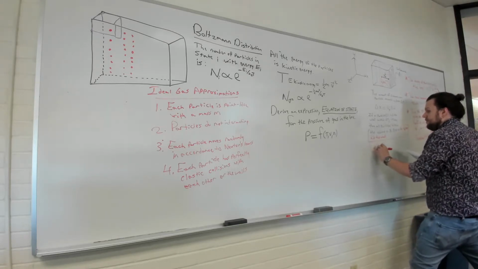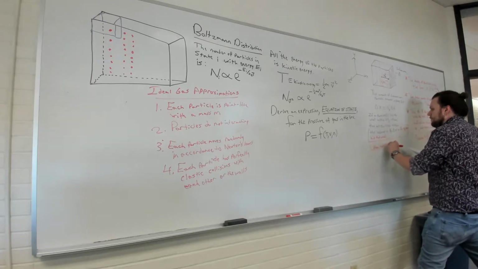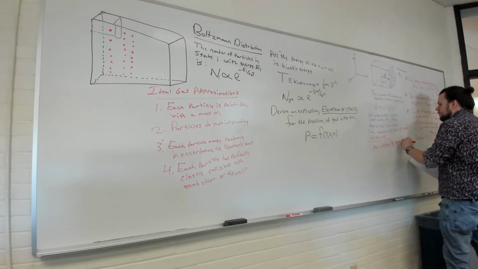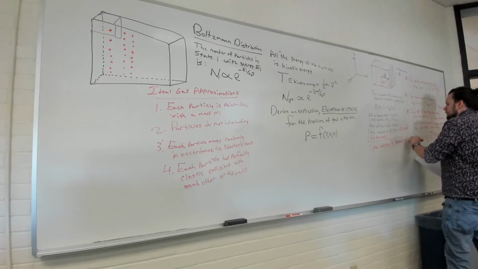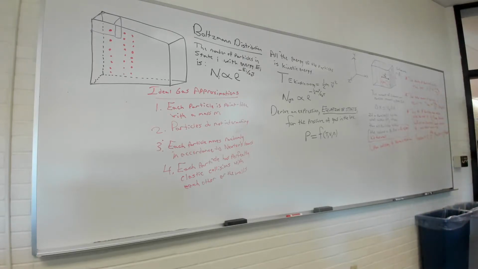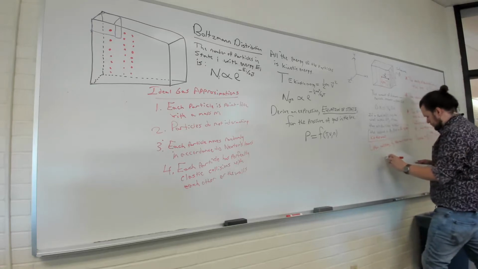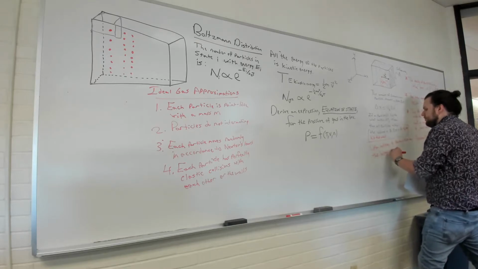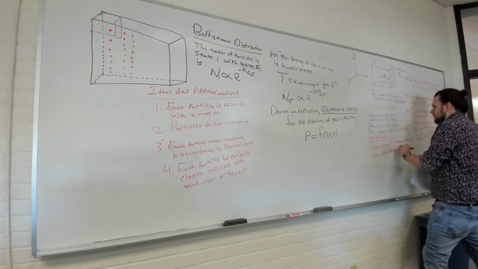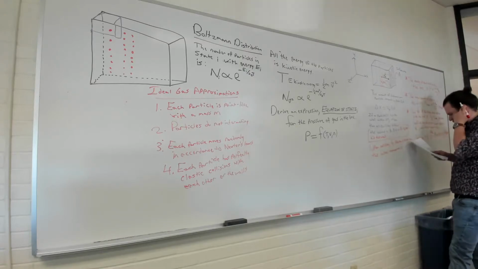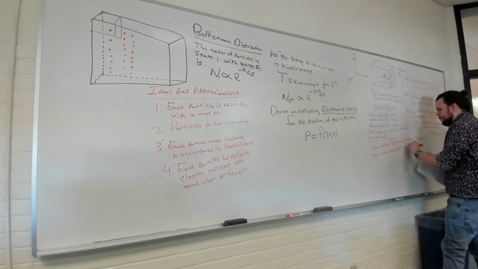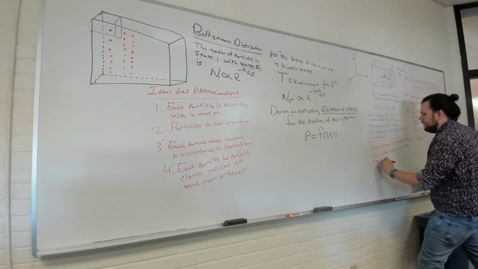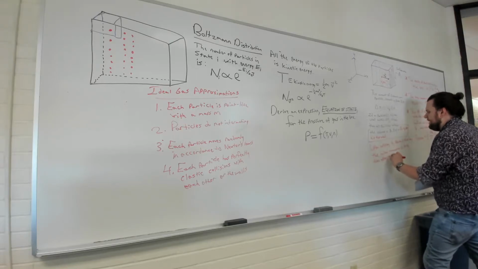So upon collision, by Newton's third law, the initial momentum of the particles is the mass of the particle times its velocity, and the momentum after collision is minus that.